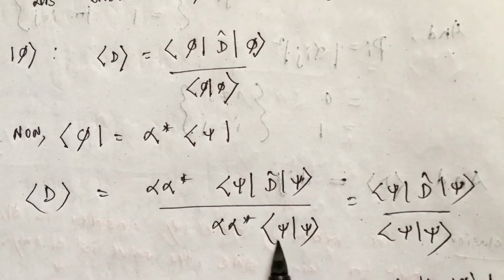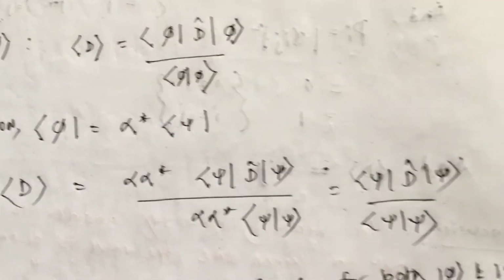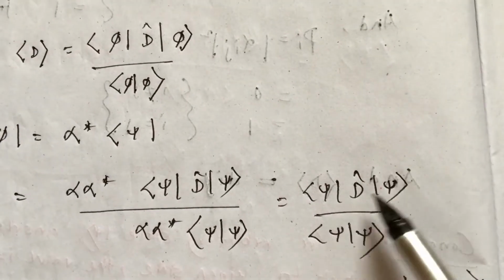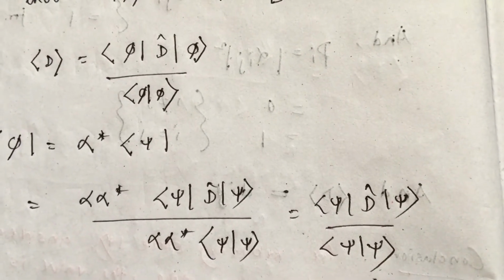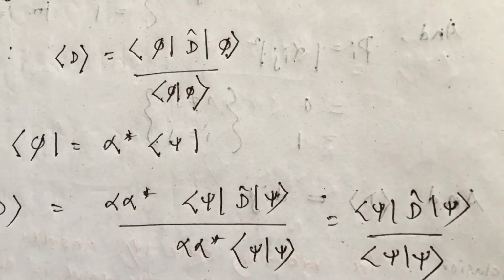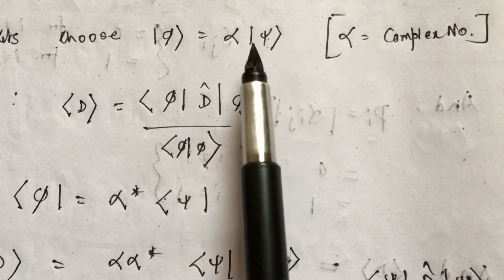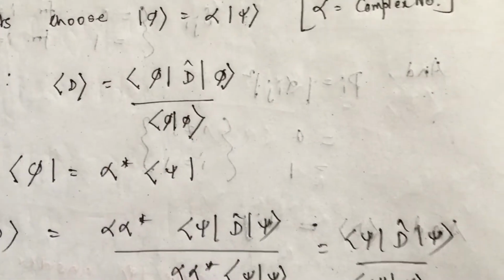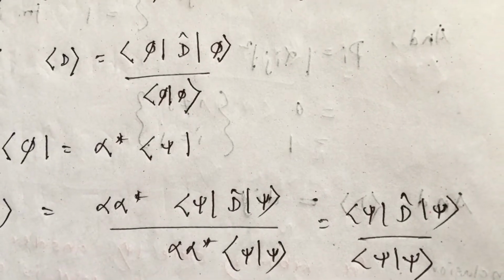So basically we can see this alpha star alpha cancels out from numerator and denominator, and we are left with <psi|D|psi> by <psi|psi>. It doesn't matter whether we are calculating the expectation value on psi or phi, because eventually we will land up calculating the expectation value on psi itself.